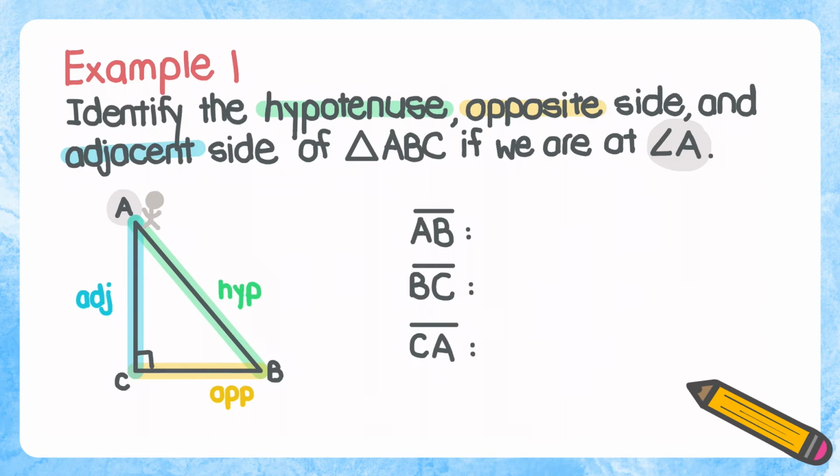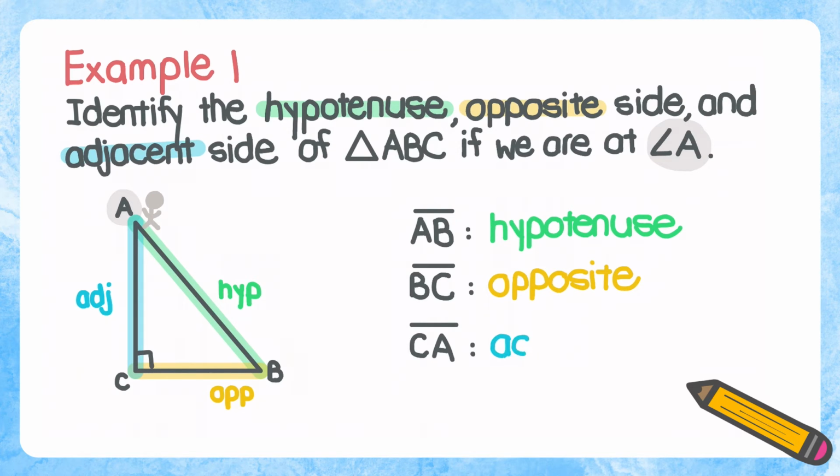So let's write it out. Side AB is our hypotenuse. The hypotenuse is always across our right angle. Side BC is the opposite side. And lastly, side CA is our adjacent side. It's right next to where we're standing.